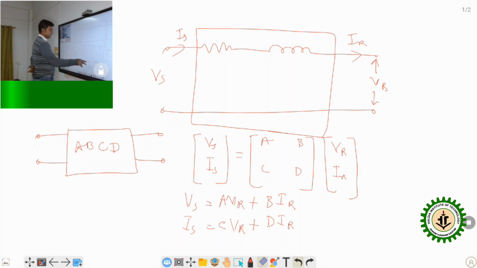For this case, we need to consider some conditions. Suppose the network is in open circuit condition, or in short circuit condition. In the open circuit condition, IR is 0. In the short circuit condition, IR will exist.